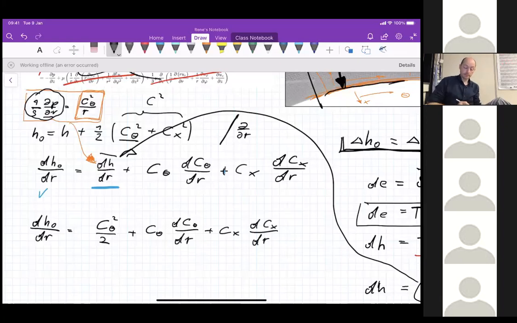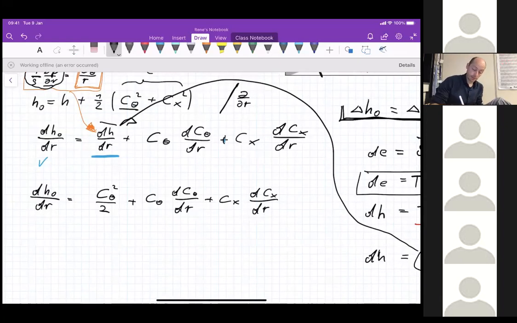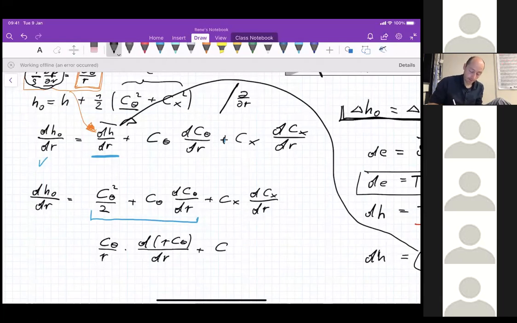dr. And if you are very good in math, then you will be able to see that this is nothing else than C theta divided by r d(r C theta)/dr plus Cx dCx/dr.